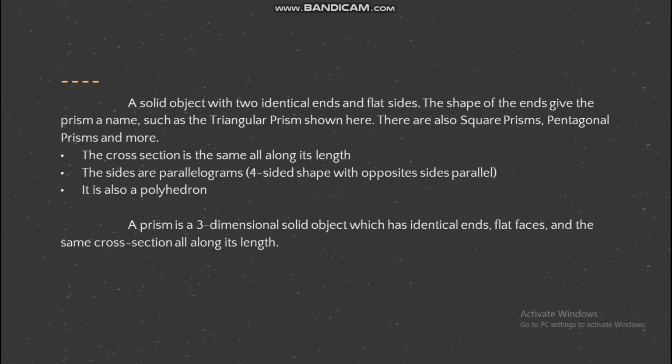The sides are parallelograms, four-sided shapes with opposite sides parallel. It is also a polyhedron. A prism is a three-dimensional solid object which has identical ends, flat faces, and the same cross-section all along its length.